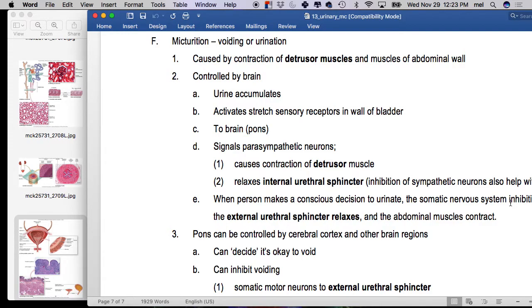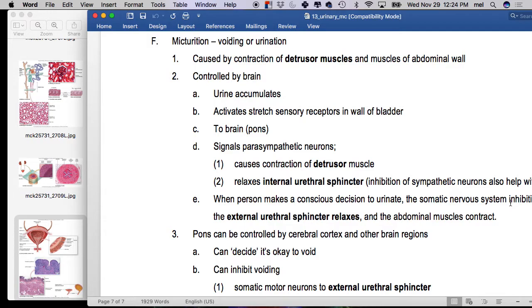However, you get control of whether you're going to pee right then, at least for a while, right? Because you can say, okay, nope, contract external urethral sphincter, and the cerebral cortex says, I'm in the middle of class, I don't have time to pee right now, override the pons. The problem is, as the urinary bladder accumulates more urine, it sends more frequent inputs to the pons, and the pons goes, pee, I said pee, I said pee.